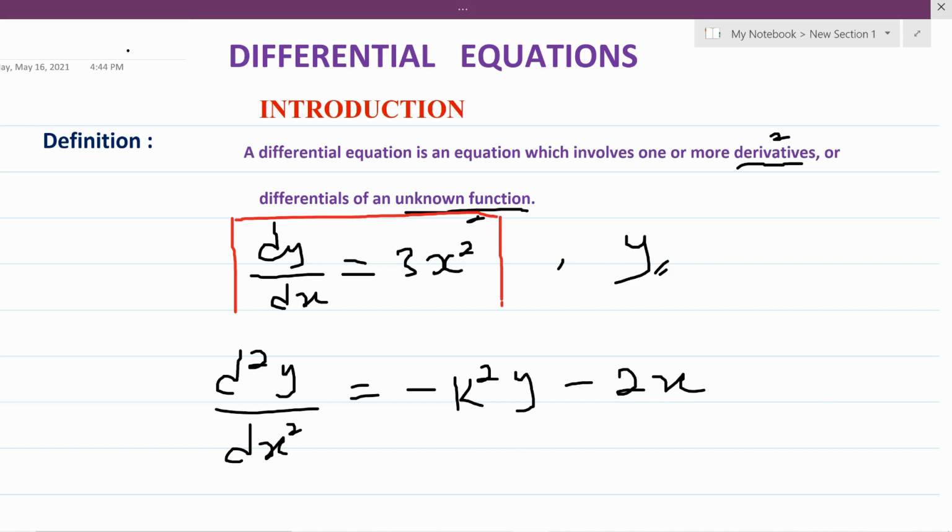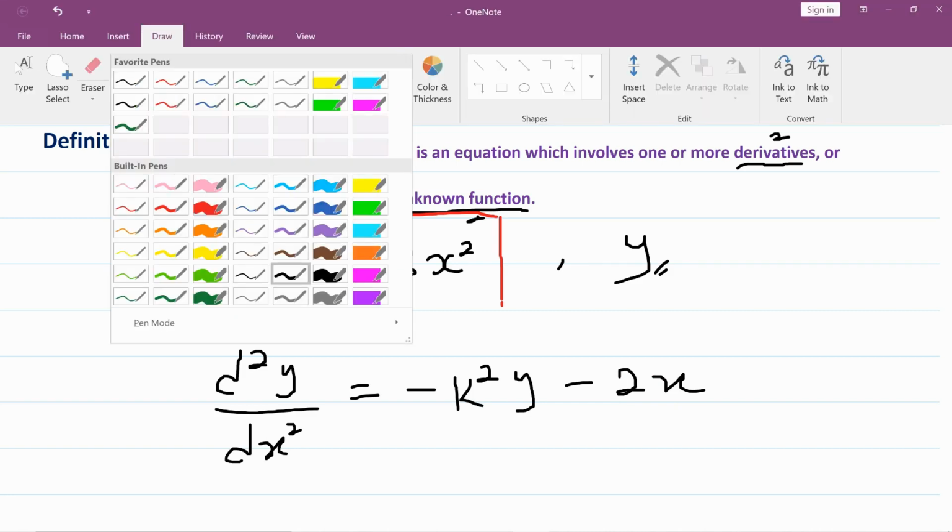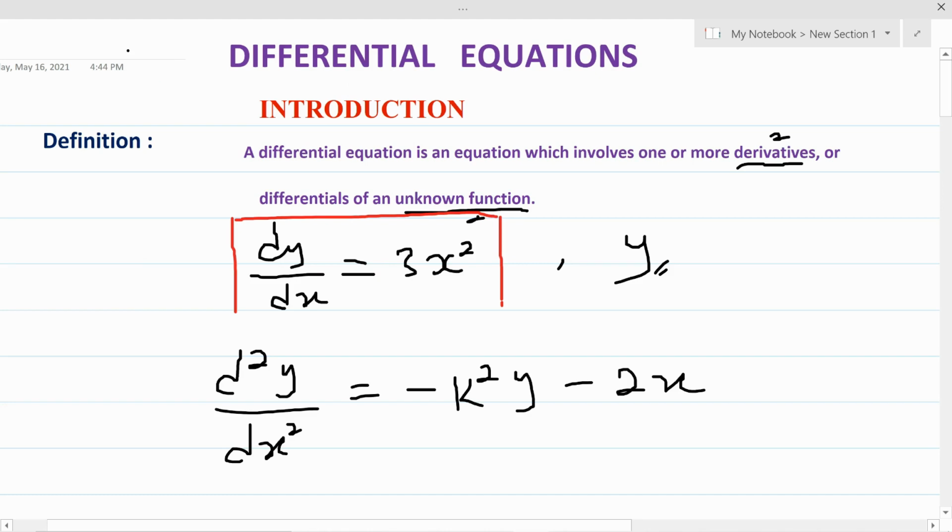So quickly let's define the terms x and y. If I have a differential equation like this, and there is an x term this side, and there is a y term, the x is called the independent variable, and the y is called the dependent variable.